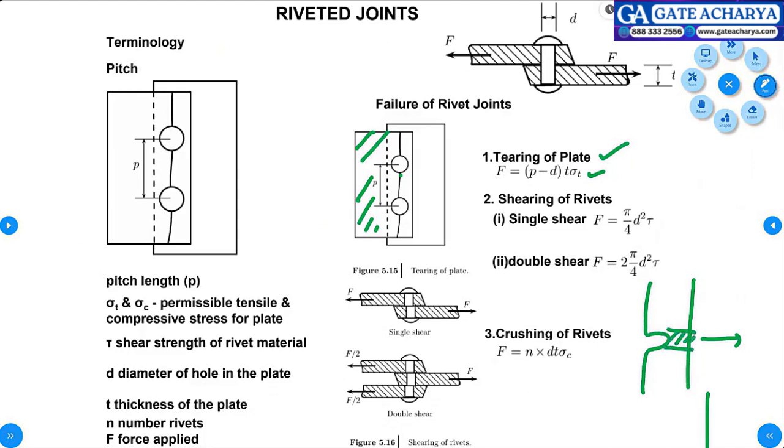Right? What will be this area? Thickness of the plate into the diameter of the rivet. So D into T into N. N is nothing but number of rivets into, since this is compressive in nature, we use sigma C. Okay, sigma YC. We need to take the value of yield in compression. When it is tearing of plate, we need to take sigma T. Okay, ultimate tensile strength of the plate material.